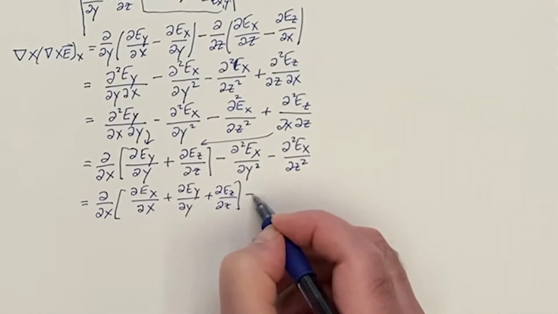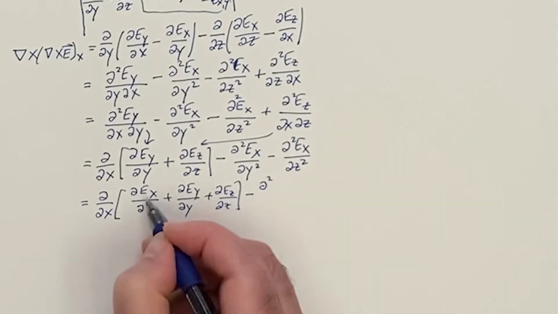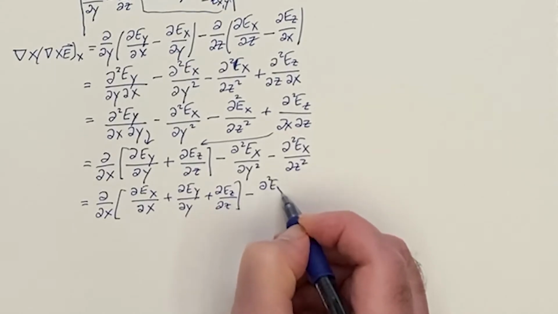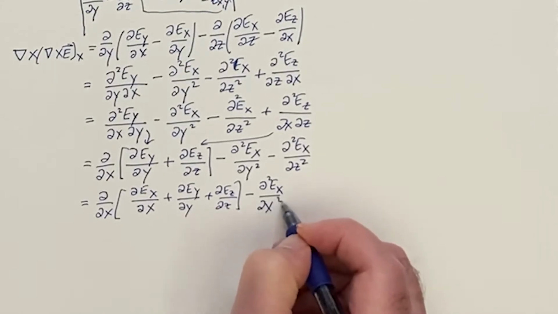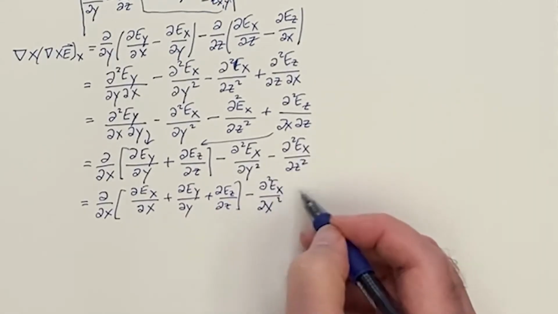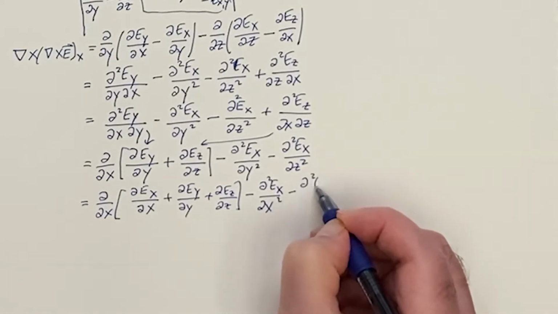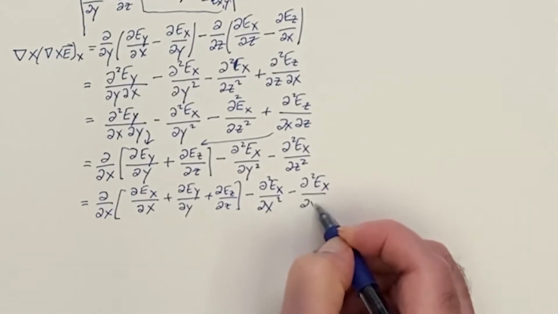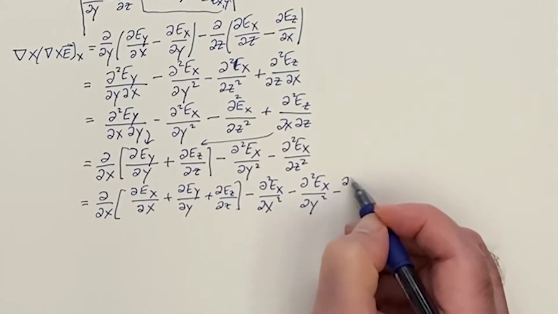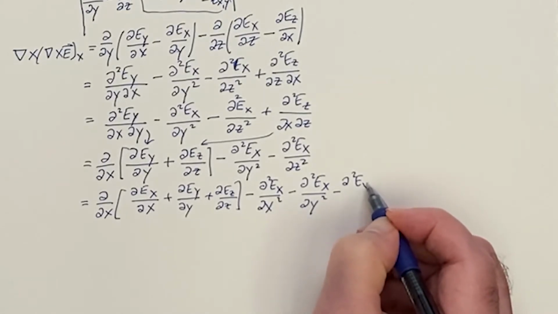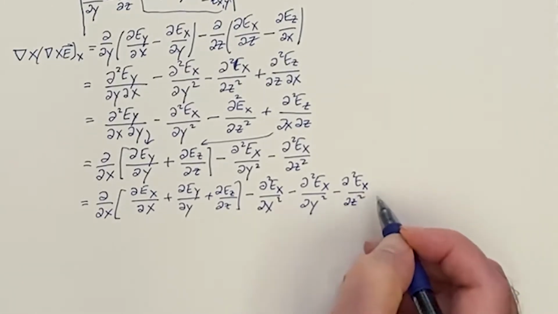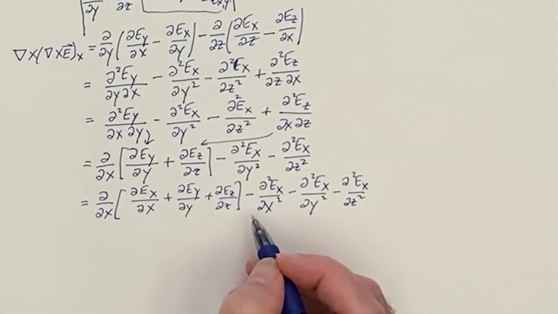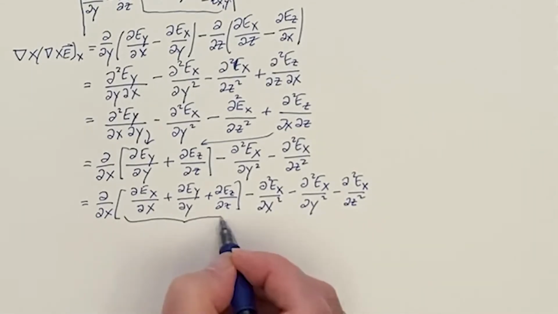But if we subtract, see, that's the second derivative of Ex with respect to x. But look at this, these are the other ones. We have the second derivative of Ex with y, and here is one with z. Isn't that cool?